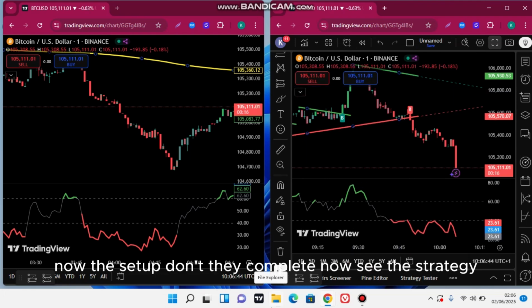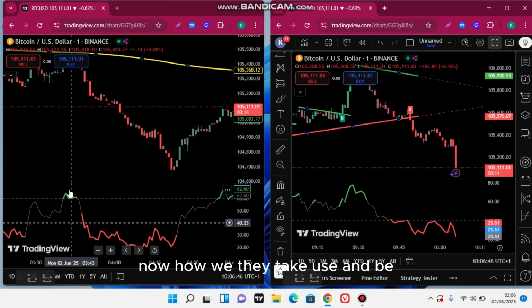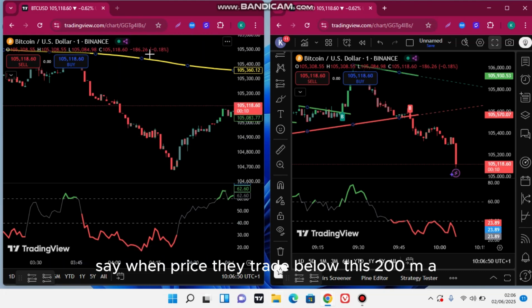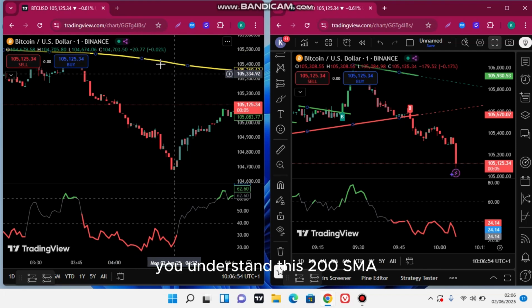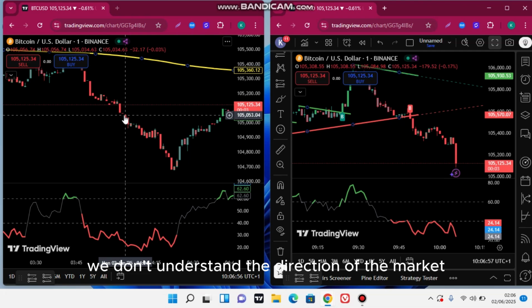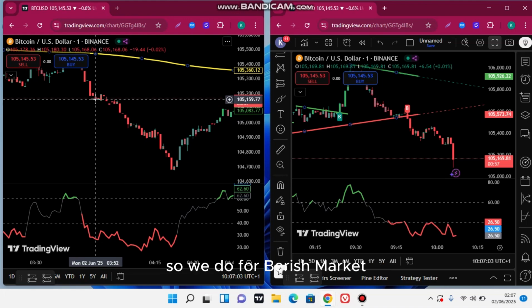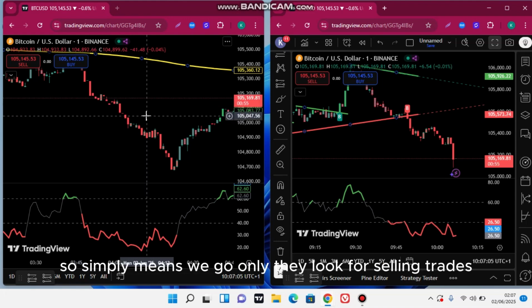Now see the strategy. How we use it is that when price trades below this 200 SMA, it simply means we are in a bearish market. Since we see we are in a bearish market, it means we will only look for selling trades.